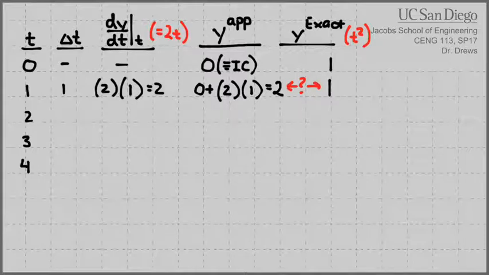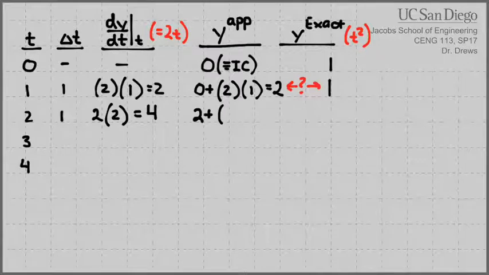If we go on to time 2, the time step I took is still 1. The dy dt is 2 times whatever time it is, which is 2. So now we have 4. Our y approximate is the old value of y. The old value was 2.